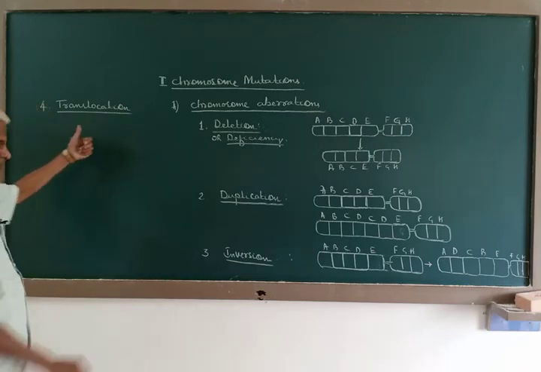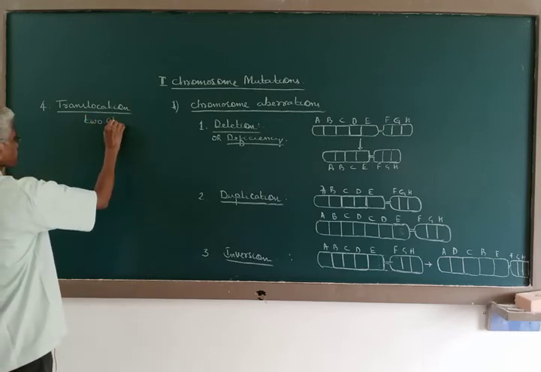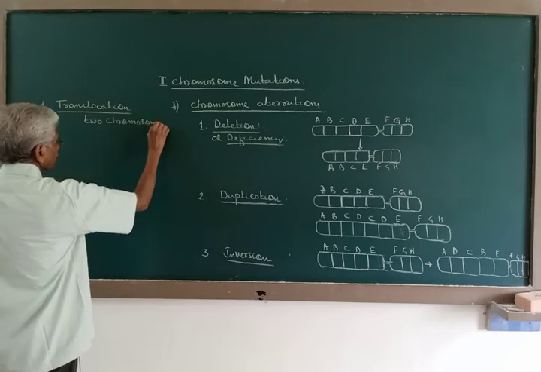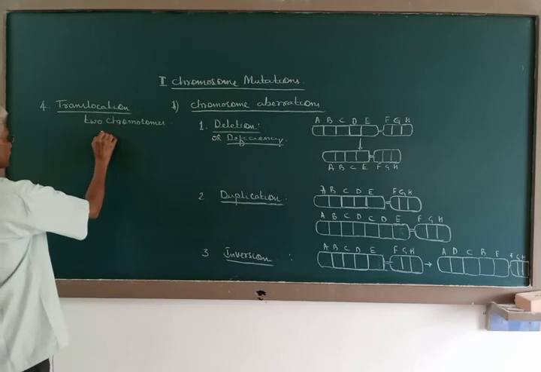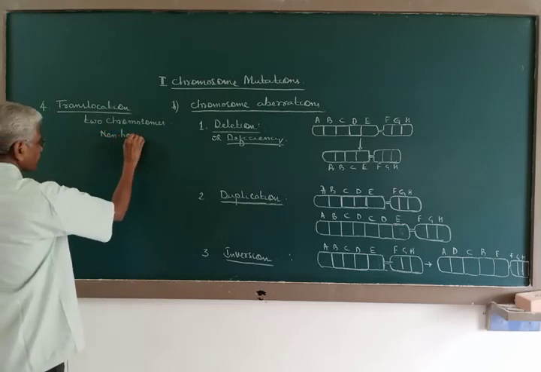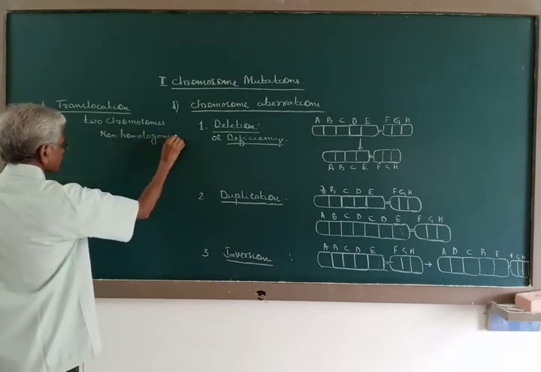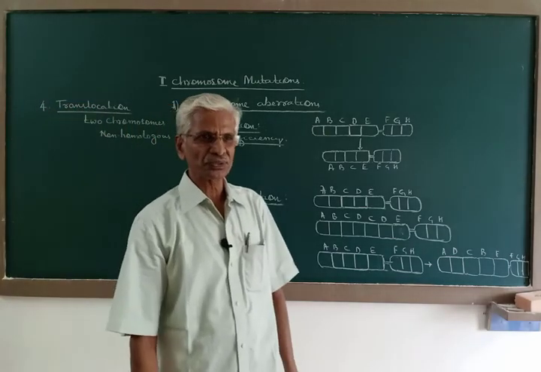But in translocation, two chromosomes are involved, and these two chromosomes are non-homologous. Non-homologous chromosomes. What do you mean by non-homologous chromosomes?